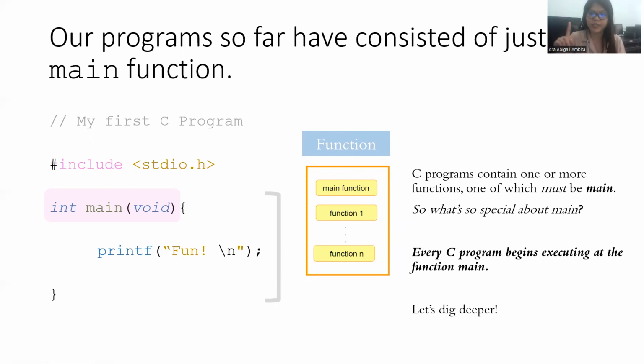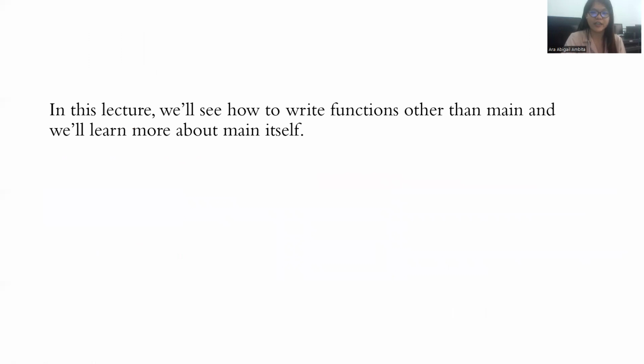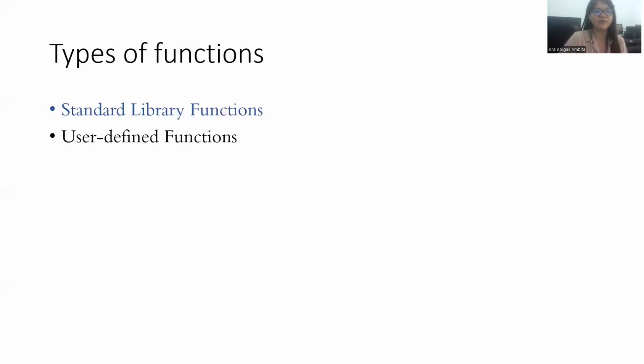Of course, one must be main, because every C program begins executing at the function main. This main function in this example is the most basic function that you have encountered so far. In this lecture, we will see how to write functions other than main, and we'll learn more about main itself.